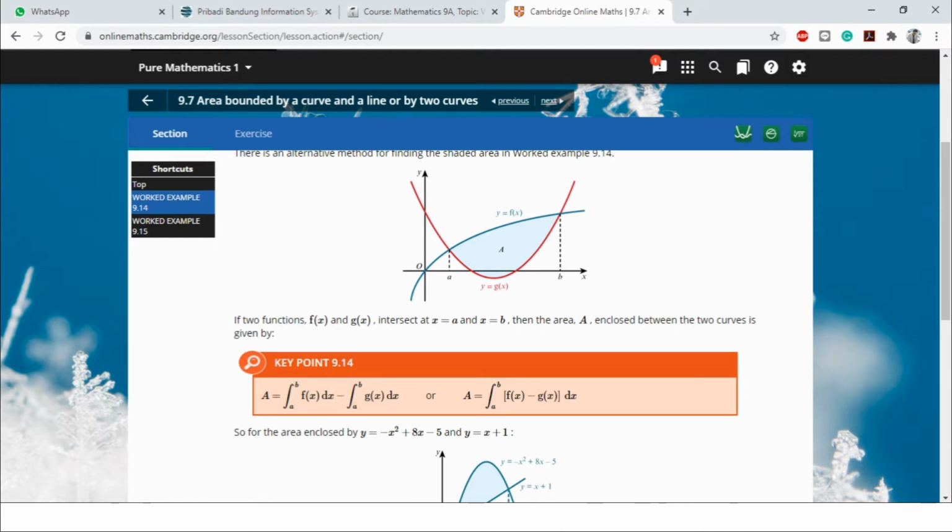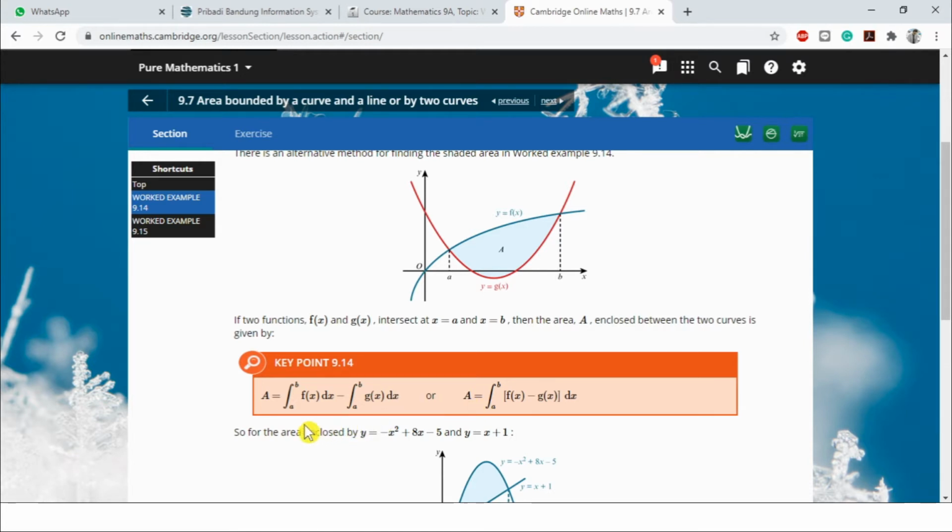And how to find it? So this is the key point, or the formula, to find this area bound by these two curves. The area is the definite integration of f(x) with the limit from a to b. Look here, the a is the intersection of these two curves, and b also. Minus the definite integration of g(x) dx with limits a to b.